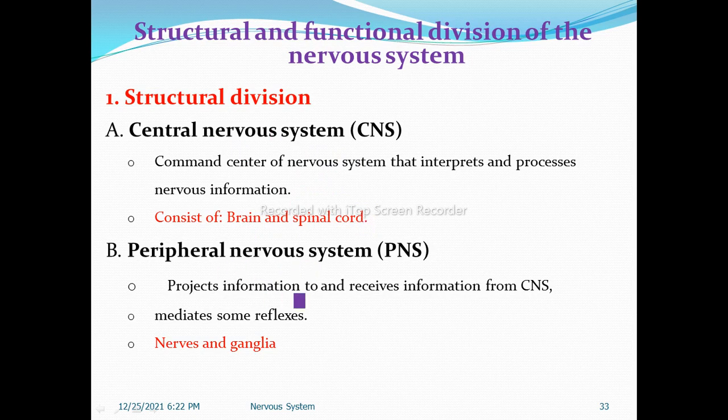The peripheral nervous system projects this information to the CNS and receives information from the CNS, and mediates some reflexes. The organs responsible for this function are nerves and ganglia. Nerves are 12 cranial nerves and 31 pairs of spinal nerves. Ganglia means cell bodies of neurons outside the central nervous system.